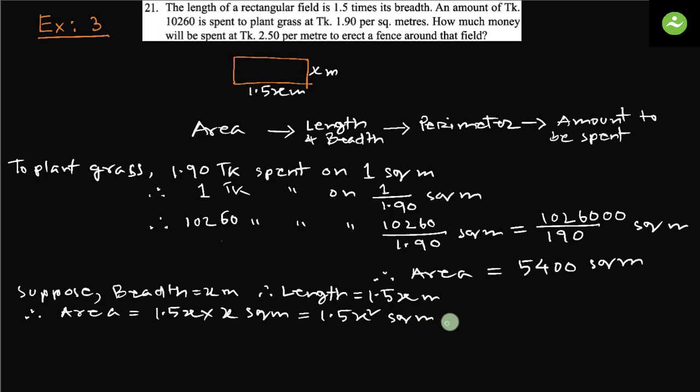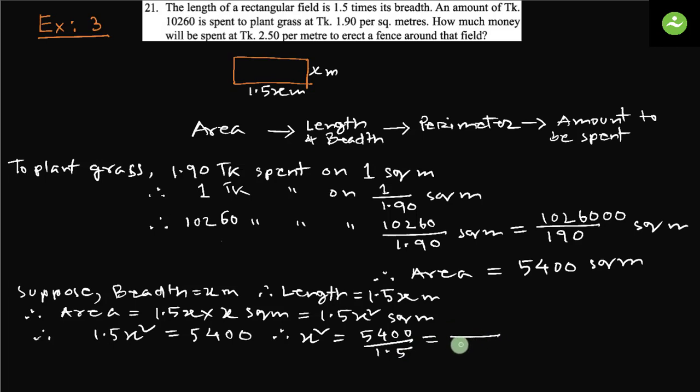Now can we write 1.5 x square meter equals 5400 square meter? Yes. Therefore 1.5 x square equals 5400. Therefore x square equals 5400 divided by 1.5. Multiply by 10 both denominator and numerator just to simplify.